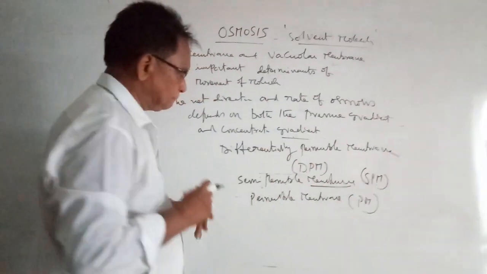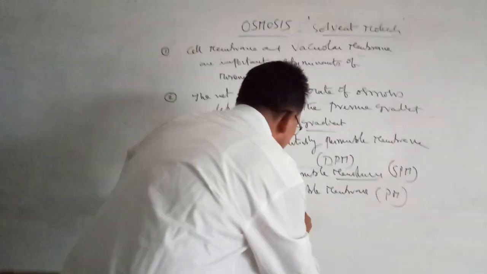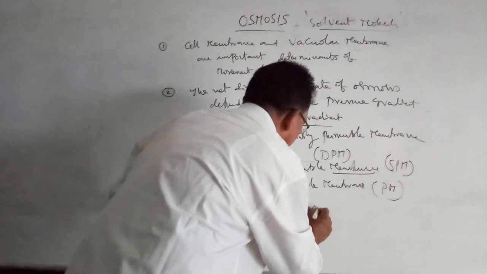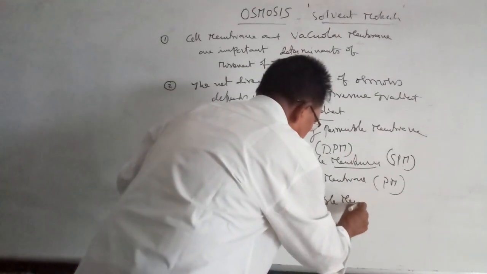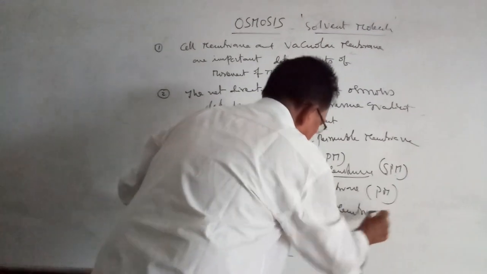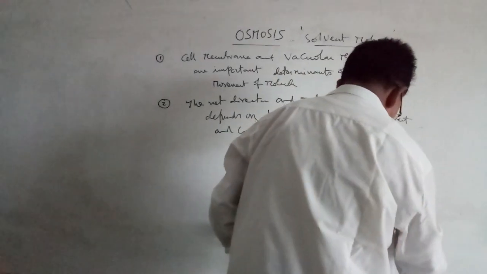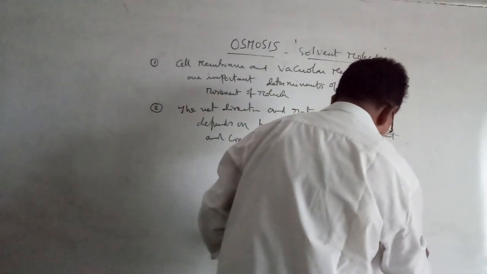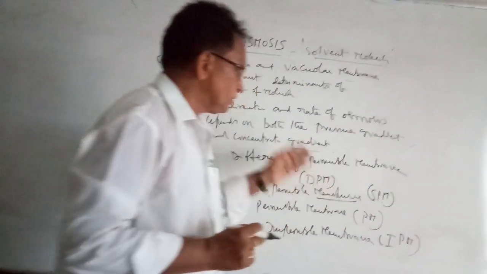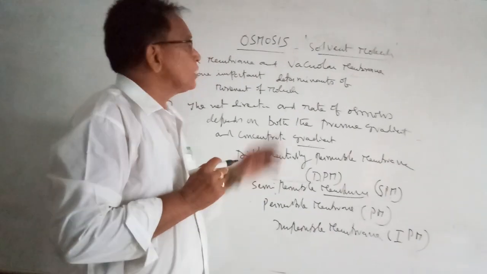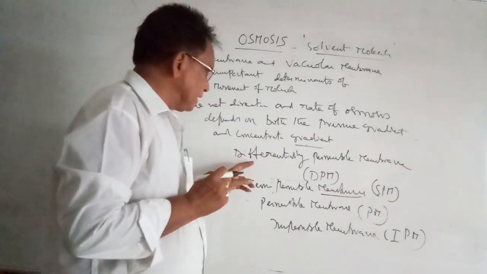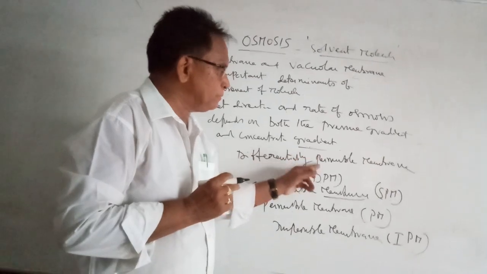And another one is the impermeable membrane, IPM. Membranes are of different types like this. But for our osmosis, the membrane that we require is the differentially permeable membrane.